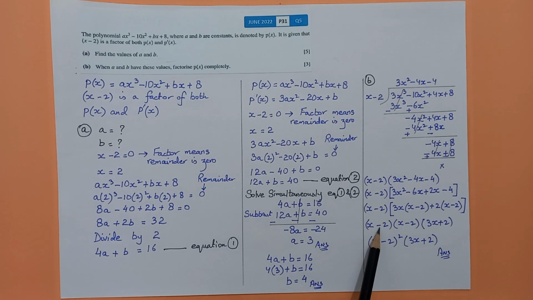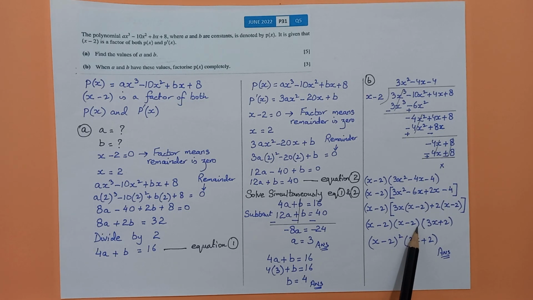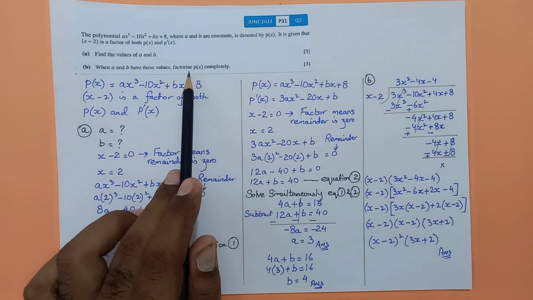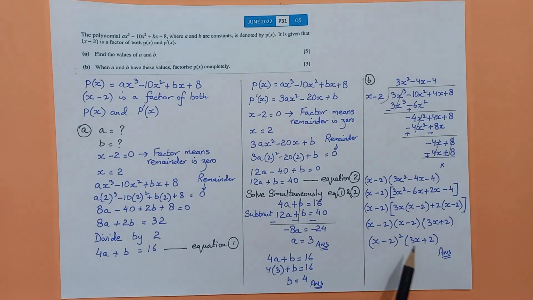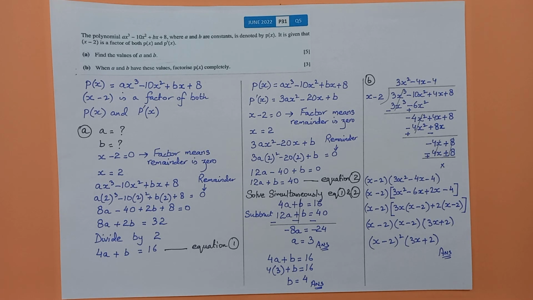So this x minus 2 is here, and after factorizing these two, we got another two factors as x minus 2 and 3x plus 2. Because they both are same x minus 2, we can write them in a square form, and 3x plus 2, and finally we are done with factorizing completely, and we have got the three factors. Two are x minus 2 factors, and 3x plus 2, we have got the three factors for the given cubic polynomial.